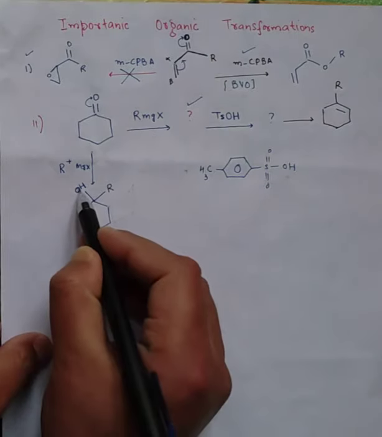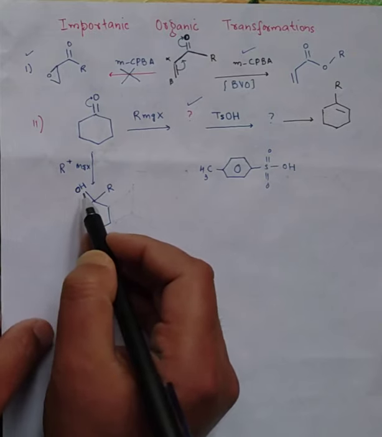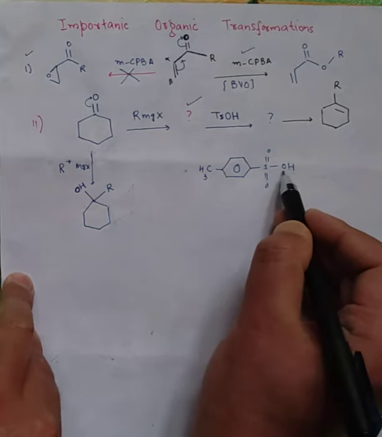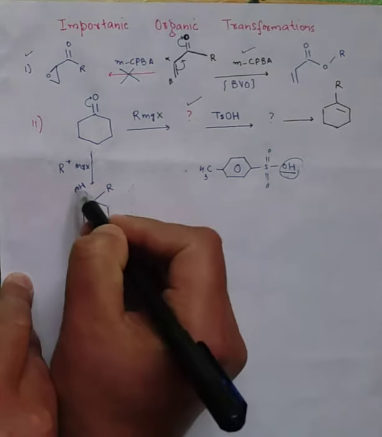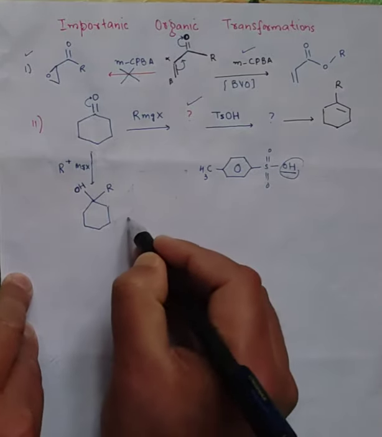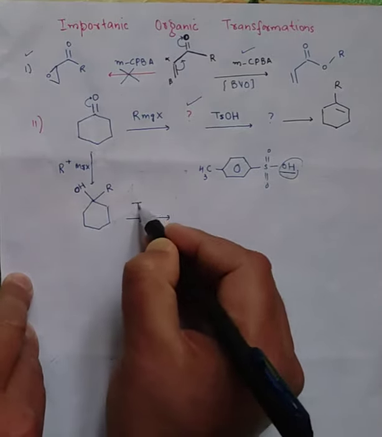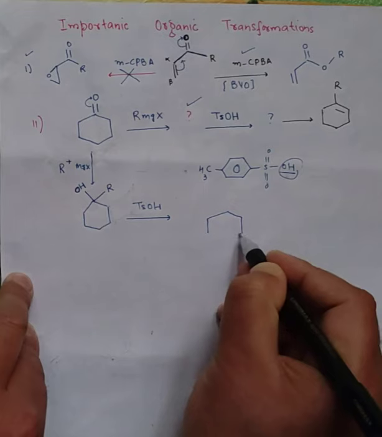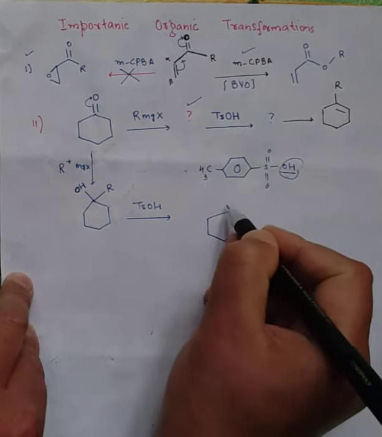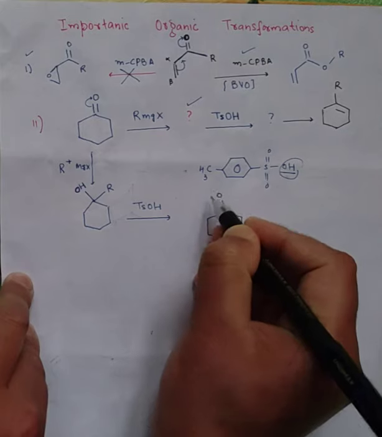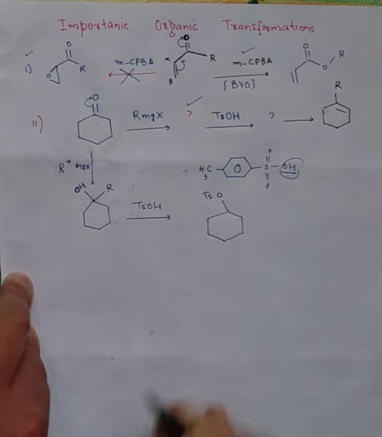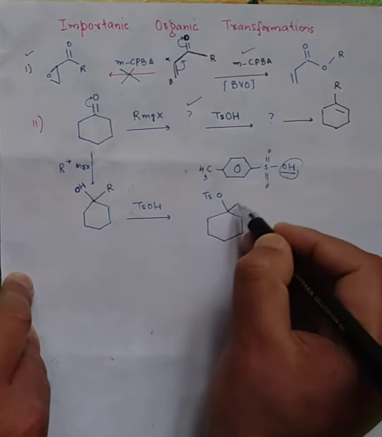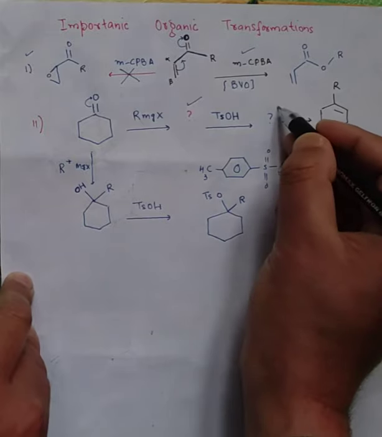Normally it is para-toluene sulfonyl chloride. So now this OH will be converted into the tosyl. Fine. So this H will go with this OH, and it will form water. So our product formed when you treat this with tosyl will be OTs, and then this is your R. So this is our second product.